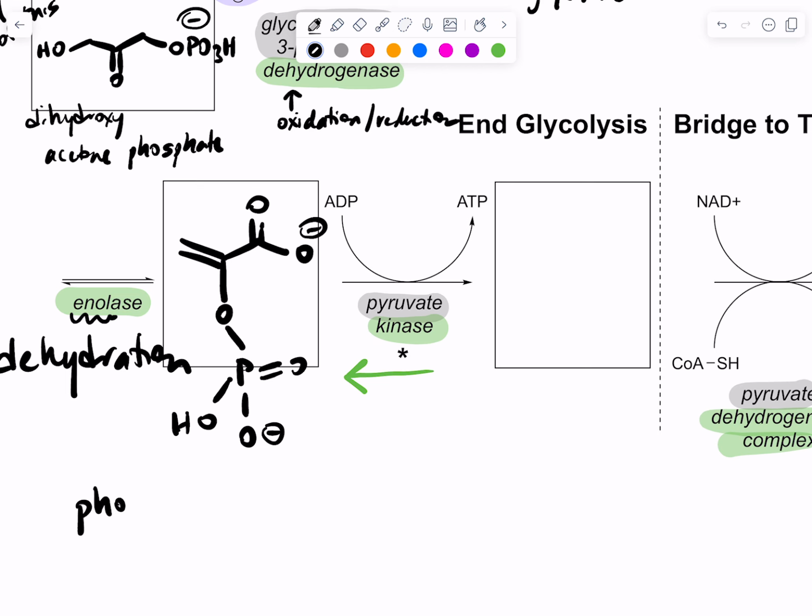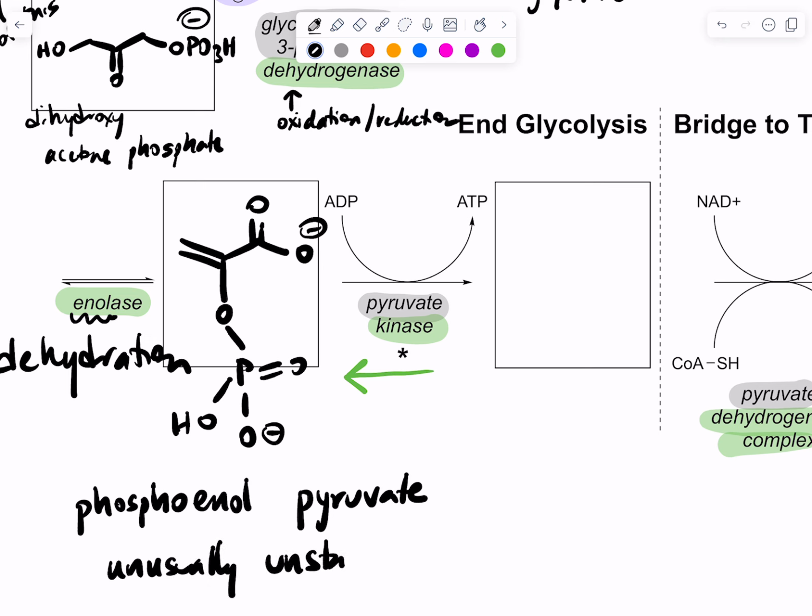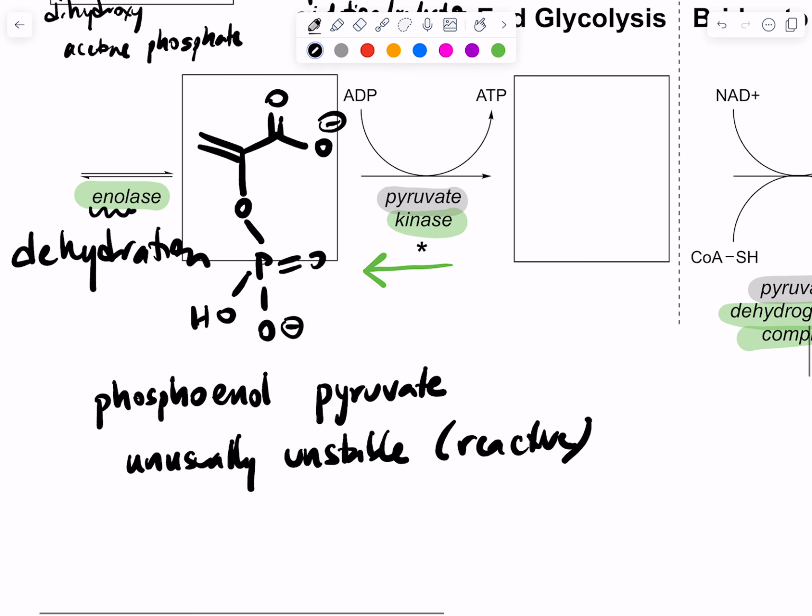This is phosphoenolpyruvate. And the thing to remember about this one is this is an unusually unstable, or unusually reactive, phosphoester.